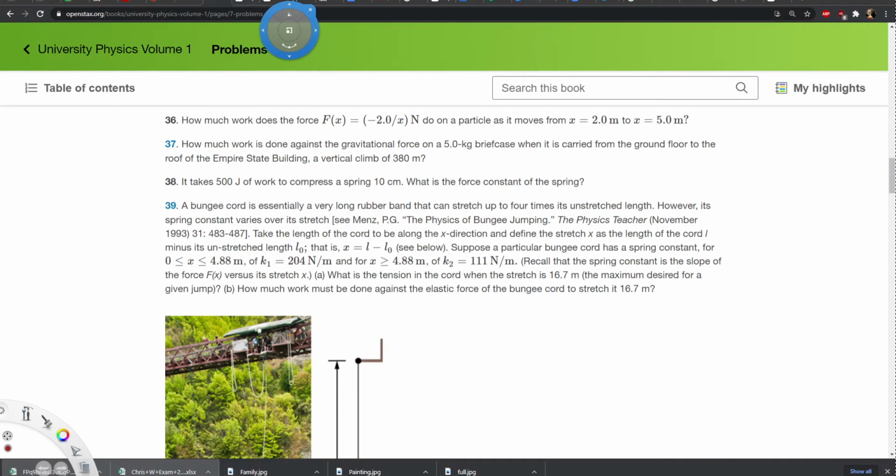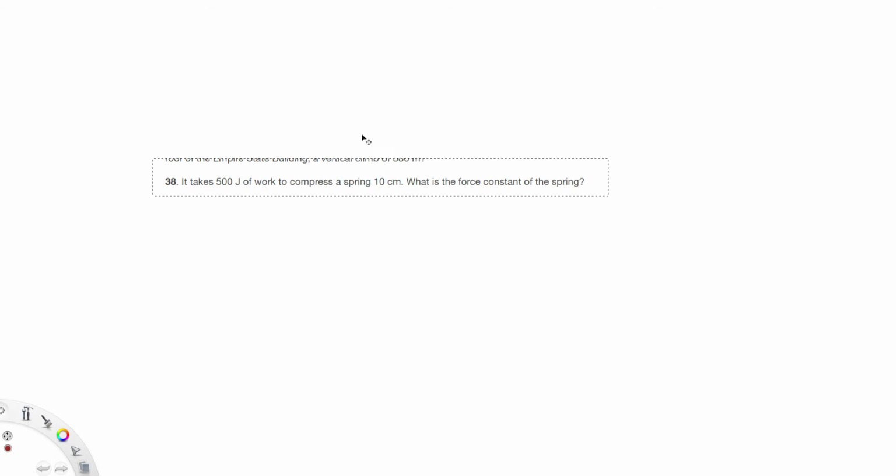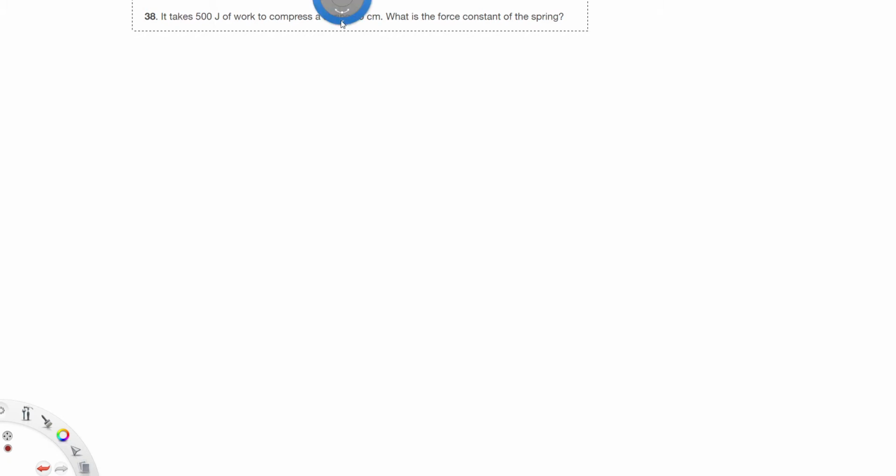Let's do another. We'll do a relatively simple one. So let's say we've got a spring and it takes 500 joules of work to compress a spring by 10 centimeters. What's the spring constant, or what's the force constant of the spring?